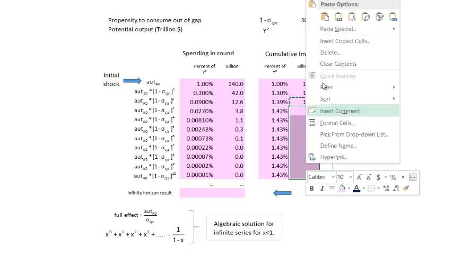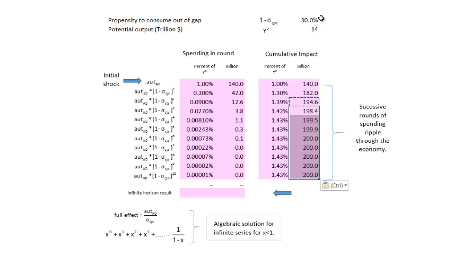And I think that you can see the pattern here. So we're just going to add it up, and ultimately we converge on $200 billion. So that's the ultimate impact of our initial $140 billion spending shock. So this is the multiplier principle.